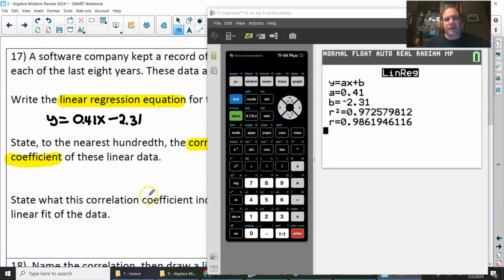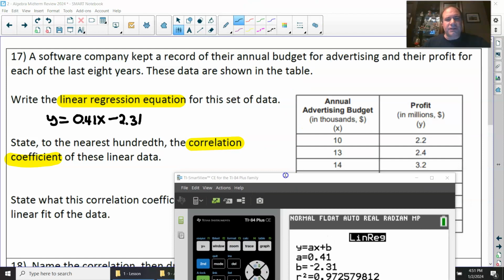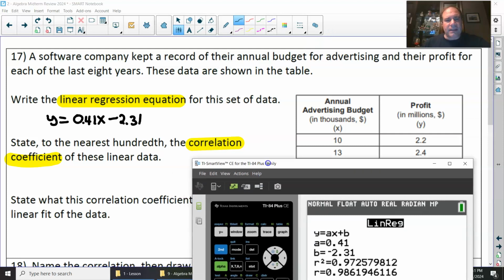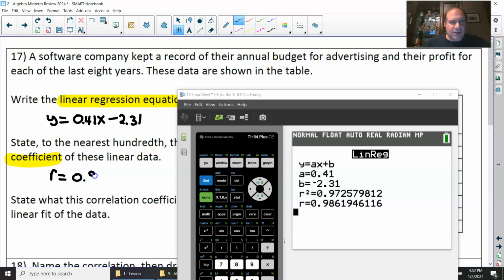That is the linear regression equation, and the next question says, state to the nearest hundredth the correlation coefficient of this data. So the correlation coefficient is the one that says R. You see it says R right here. So it says to the nearest hundredth. So it's R equals 0.9. Do you see this 8? I'm going to change that to a 9 because the next number is 6. So this is 0.9.